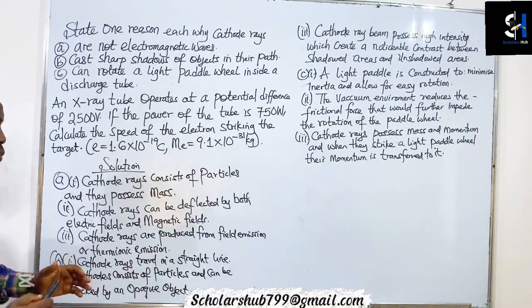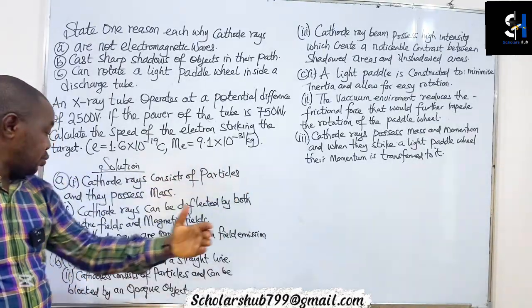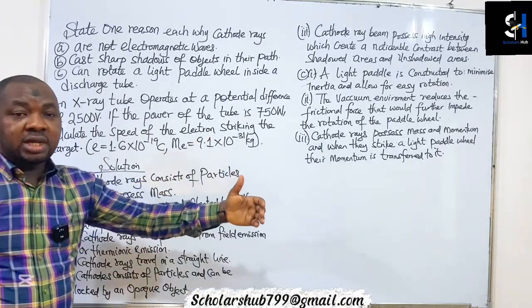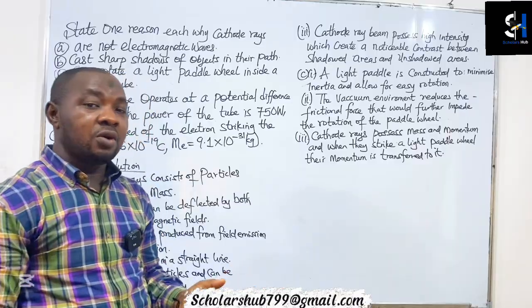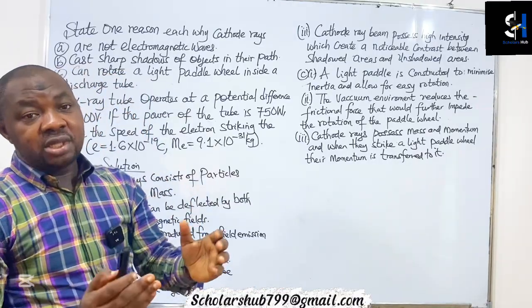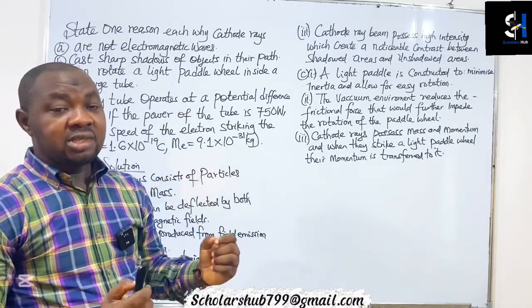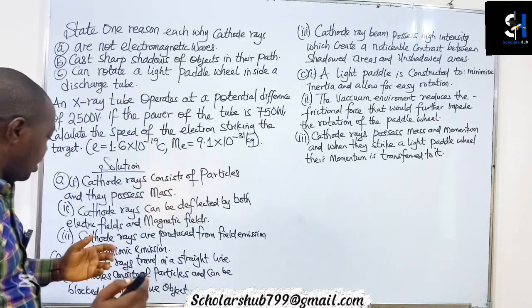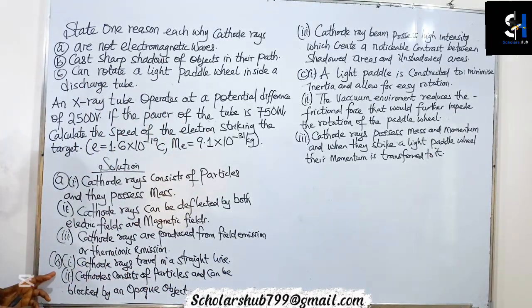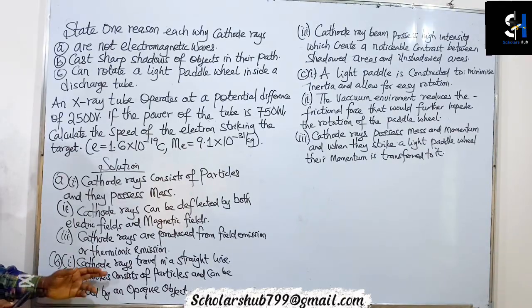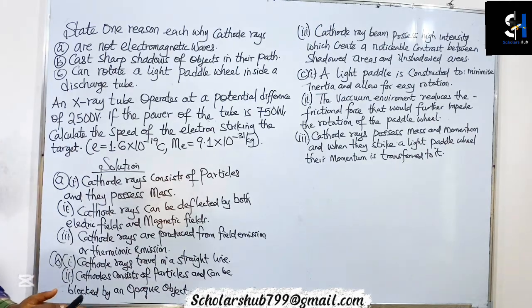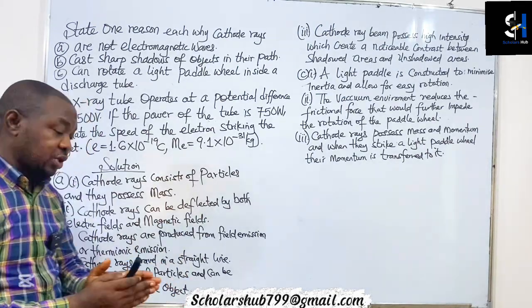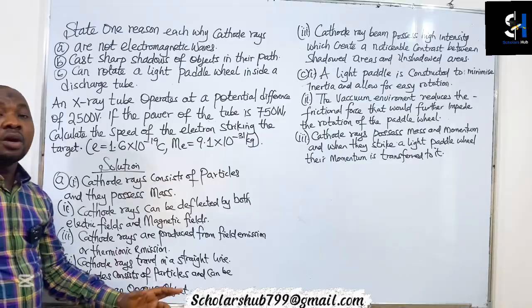Now, cathode rays are produced from field emission or thermionic emission, that is the emission of electrons from the surface of a metal when subjected to a very high temperature. All right, so now, why do they cast shadows of objects in their path? That is because cathode rays travel in a straight line, and also because cathode rays consist of particles and can be blocked by an opaque object.